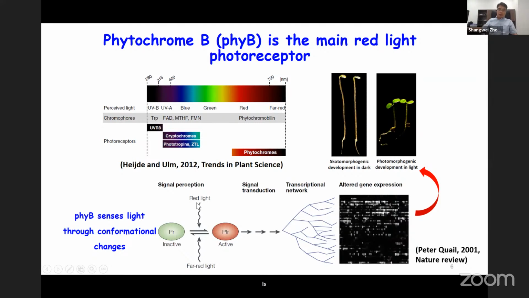When exposed to red light, the Pr form will transfer to the Pfr form, which is the active form, and the Pfr form of phyB will translocate into the nucleus, where it will regulate the expression of thousands of genes to produce the physiological responses. And this Pfr form can be reversed to the Pr form by far-red light. So with these Pr and Pfr conformational changes, phyB can sense the light changes.